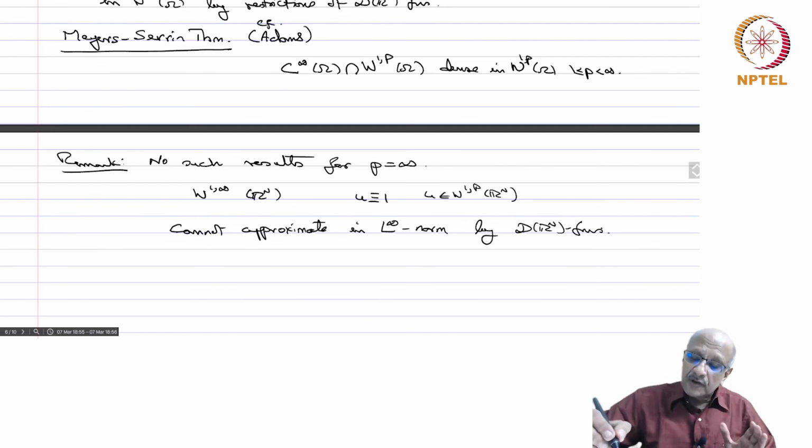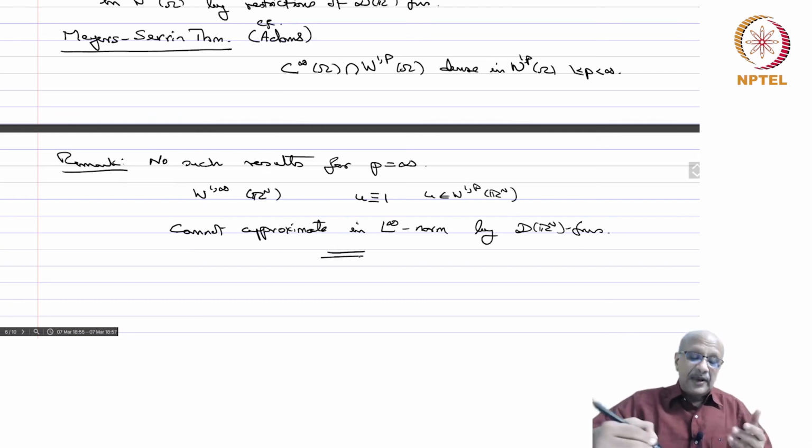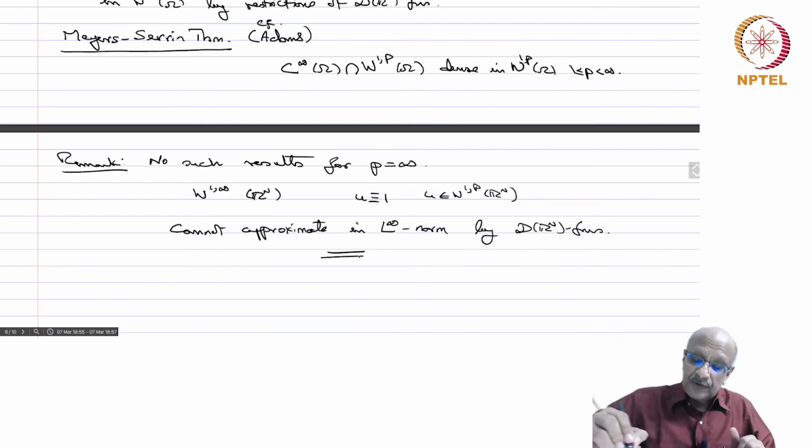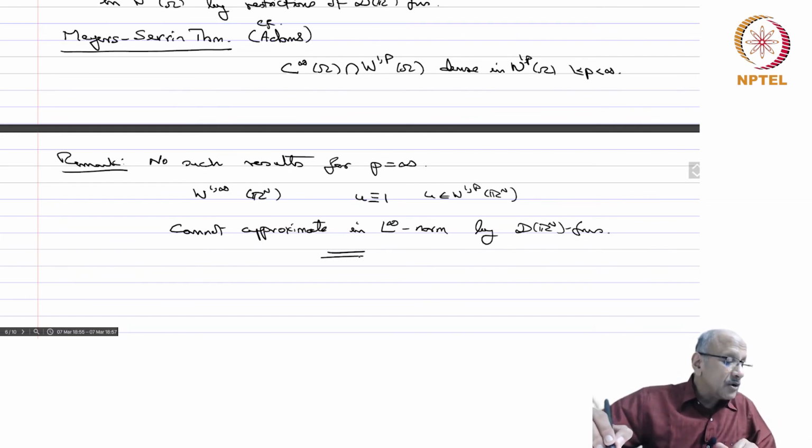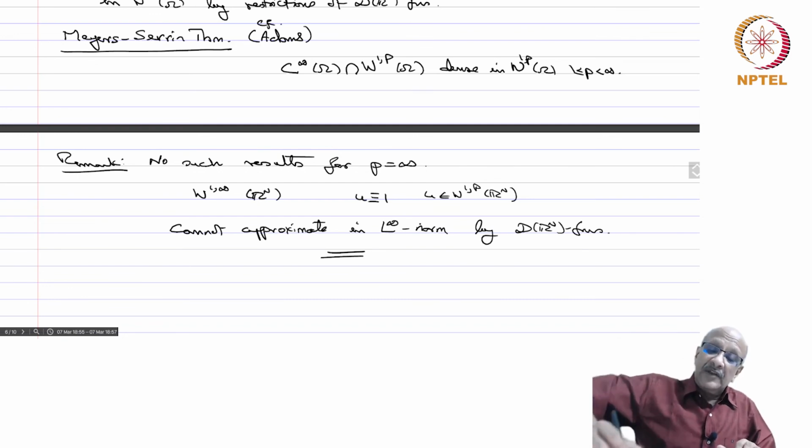Because C infinity functions with compact support are in particular continuous functions with compact support, and the limit in L infinity norm would give you a function which vanishes at infinity. Therefore, u identically 1 does not vanish at infinity, it is 1 everywhere, and therefore you can never approximate this function by means of D of Rn, D of omega functions. So you cannot expect any of the results which we have proved for p equals infinity, so we have to exclude it. Okay, so now we will look at some applications of Friedrichs theorem which are very interesting.